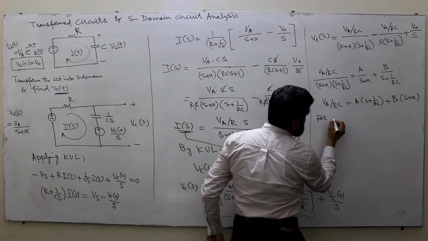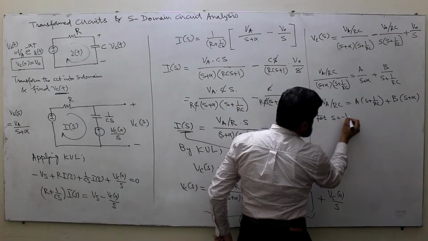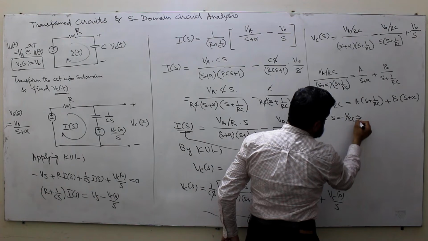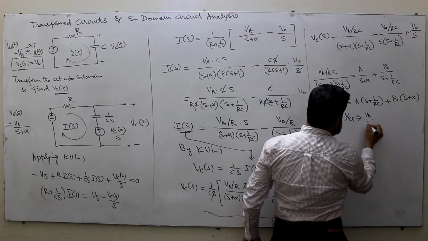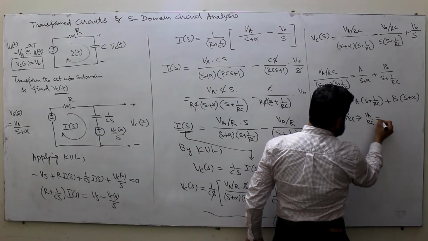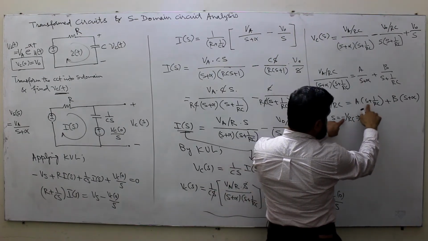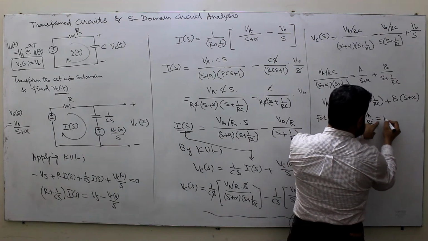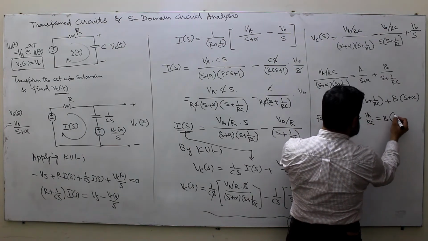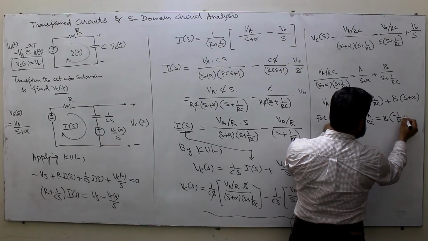For the value of S equal to minus 1 over RC, what we are going to get is VA over RC is equal to B into minus 1 over RC plus alpha. This will become 0, and we will have S is equal to minus 1 over RC.